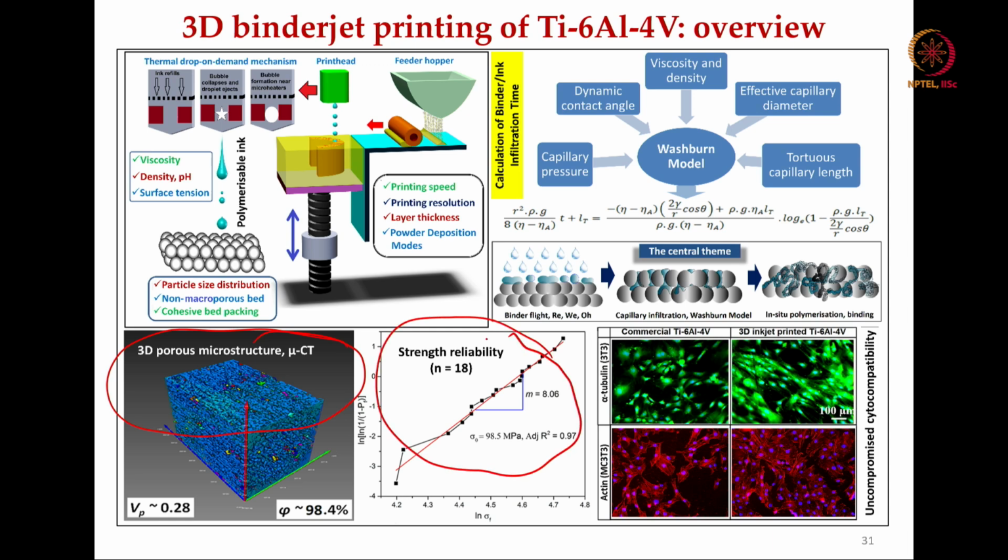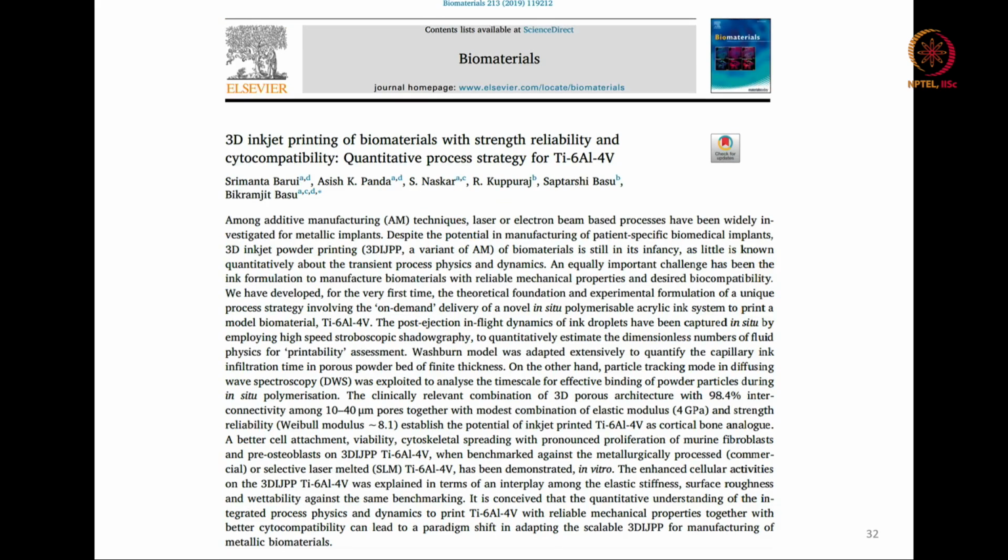It has a volume percent porosity of 28%, and it also supports cytocompatibility without any compromise. This paper was published in Biomaterials in the year 2019, and you can see more details if you would like to follow this particular paper. And with this I close the scientific case study on binder jet 3D printing of Ti6Al4V. Thank you.